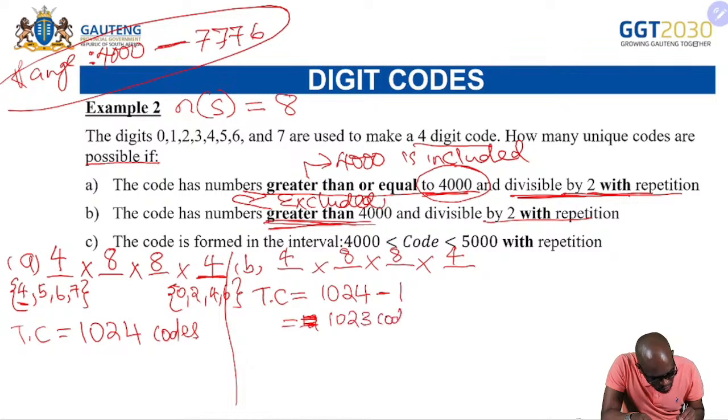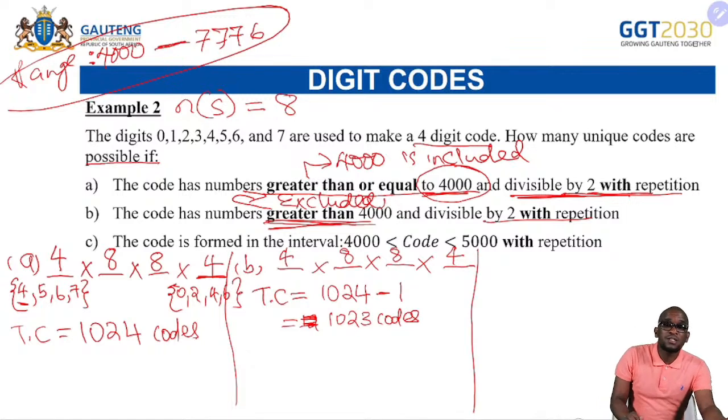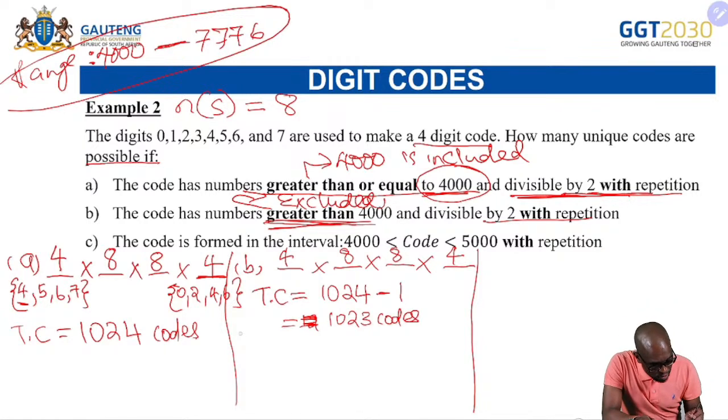So we get 1023 codes. So that is how we work with the second one. Remember, I told you that these questions would be pitched at a higher cognitive level. You should be able to deal with them. Right, let's look at the last one.